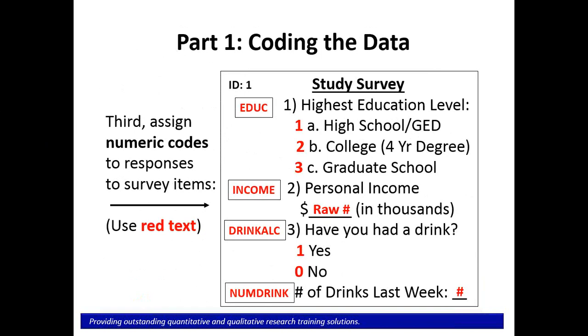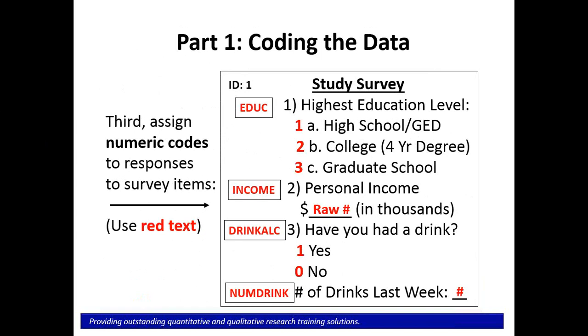So what we're indicating in our coding is the survey item is named Educ, and the possible numeric responses now are 1, 2, 3. So if somebody circles high school GED, in the SPSS database they would get a 1.